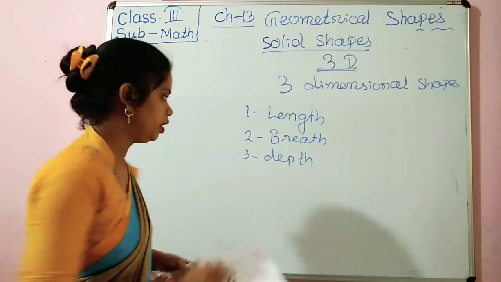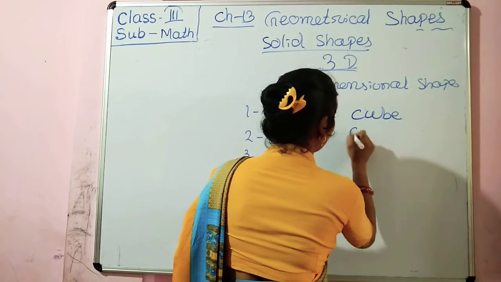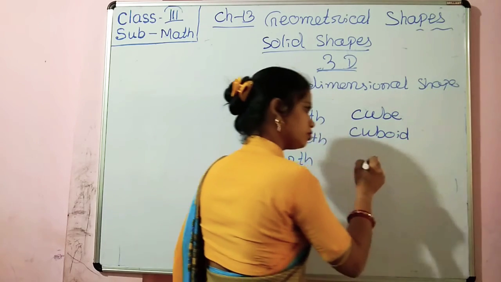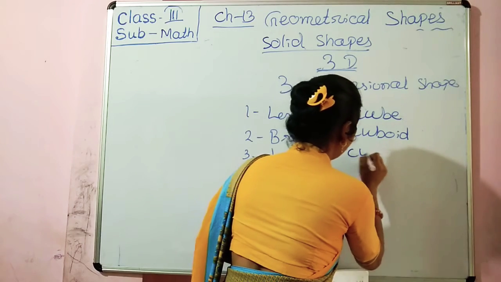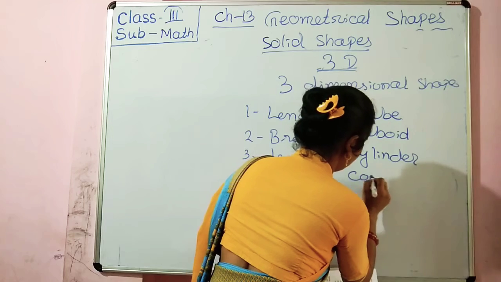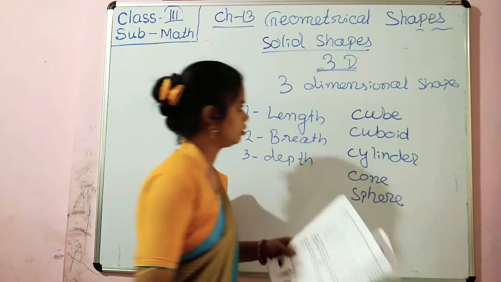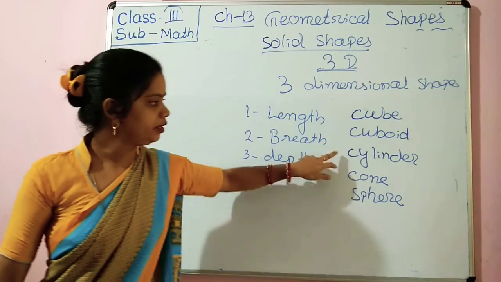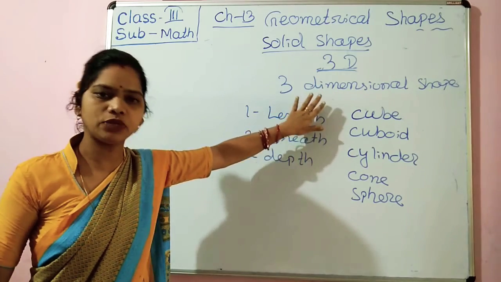Here, for example, your cuboid, next cylinder, cone and sphere. Cube, cuboid, cylinder, cone and sphere are examples of three dimensional shapes.